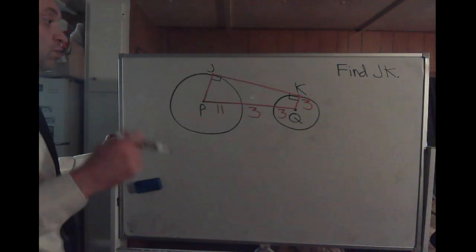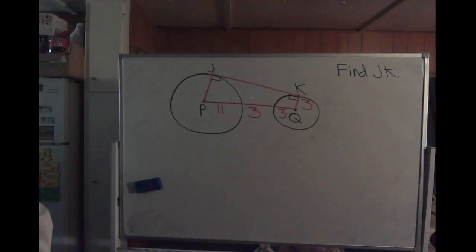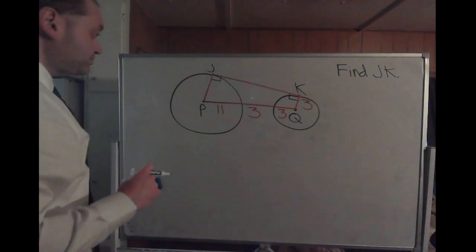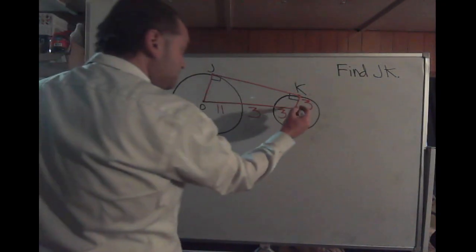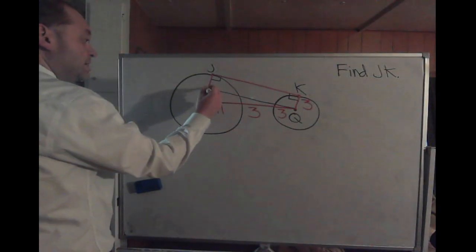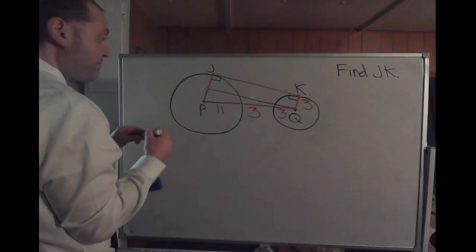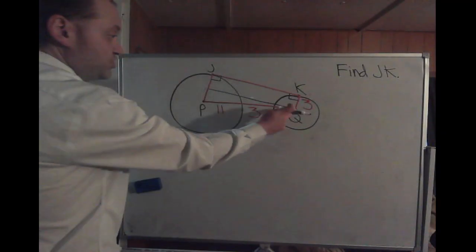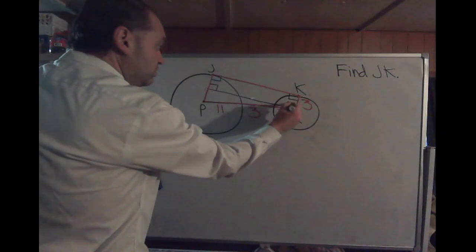Now, we can draw an auxiliary line in such a way that we can form a rectangle and a right triangle. Because if you draw the auxiliary line that way, you'll now have a rectangle.